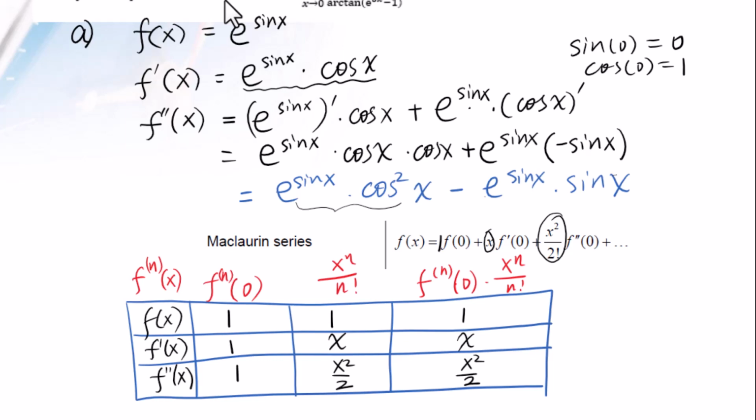So the Maclaurin series for f of x equals e to the sin x power equals 1 plus x plus x squared over 2 plus.